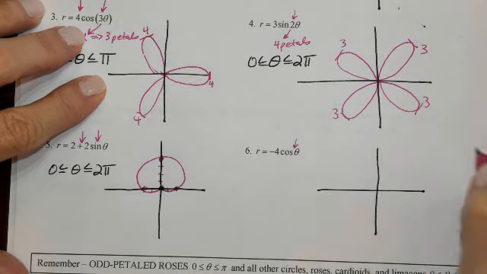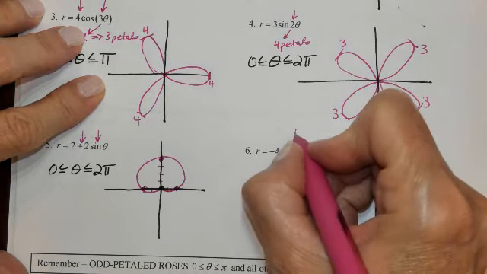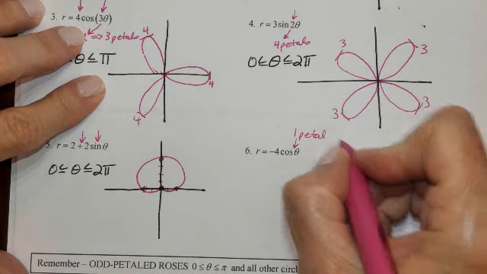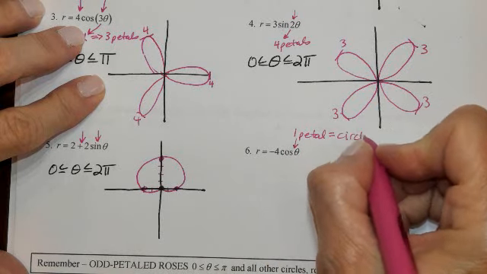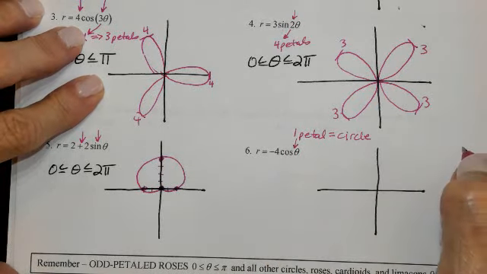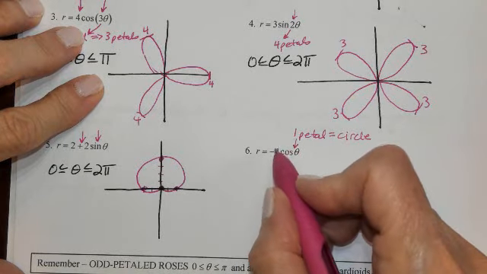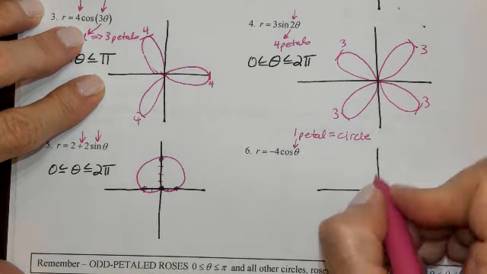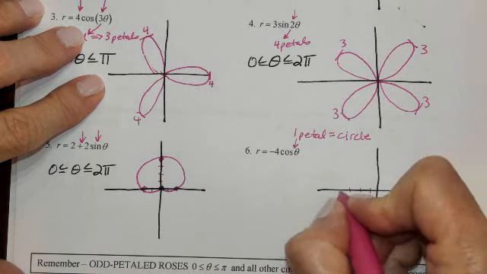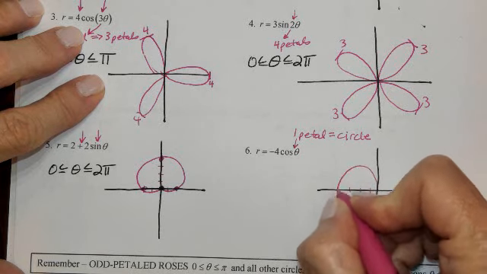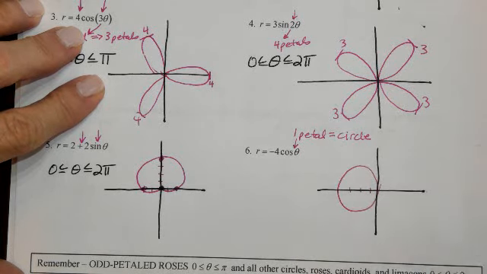What is that theta coefficient? 1 petal. That means it's a circle. 1 petal means it's a circle. This is a circle. The circle is going to have diameter, or petal length, 4. So 1, 2, 3, 4, and this is going to be a nice plump petal circle. Okay?